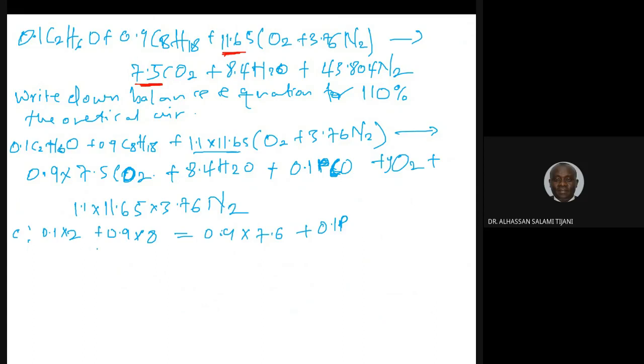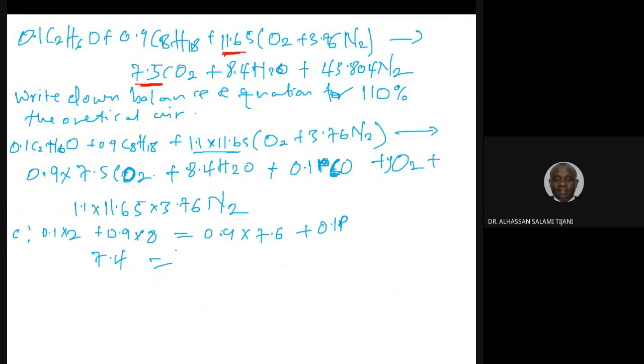So I have 7.4 right here, and this should be equal to 0.9 times 7.6.